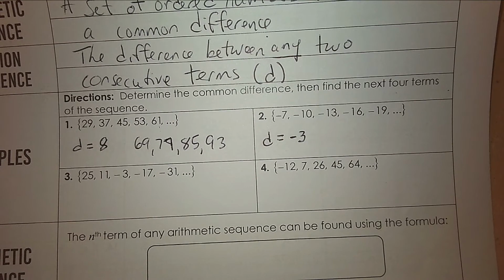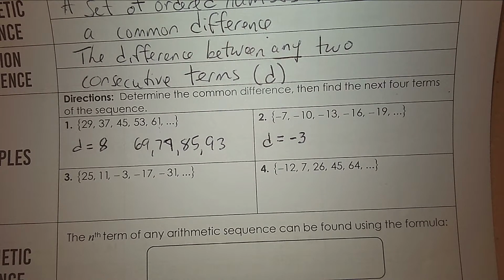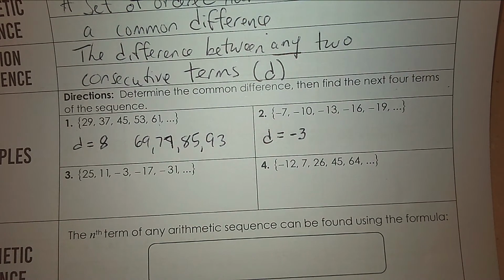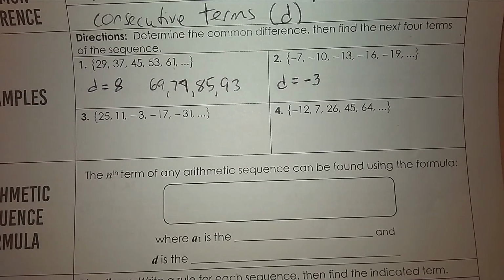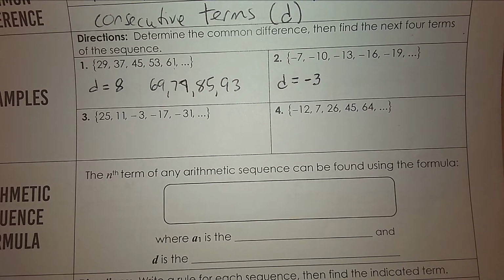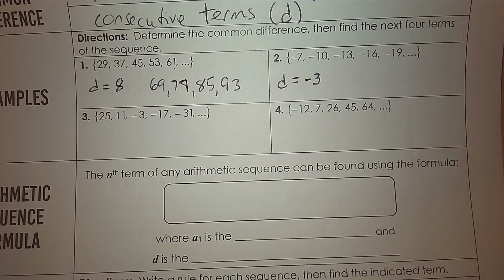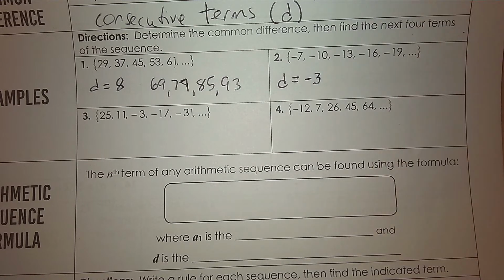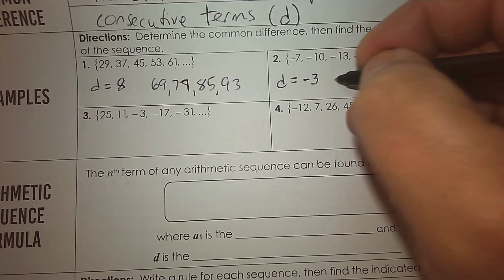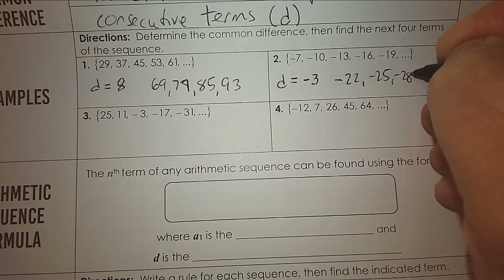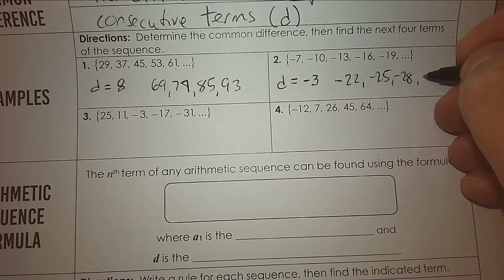Go for it. So, if I'm subtracting 3, did you get negative 22, negative 25, negative 28, negative 31?